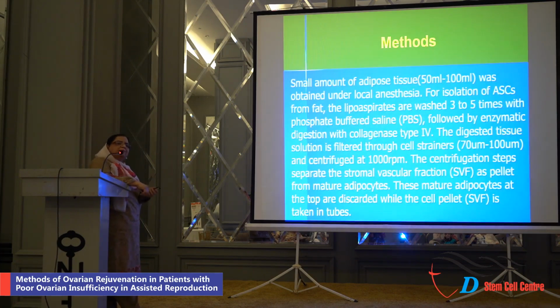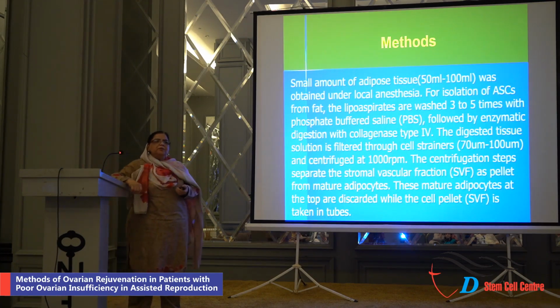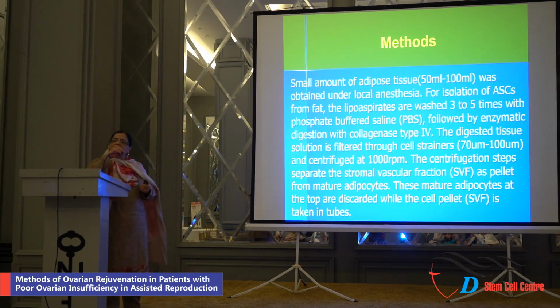As for the method, I think you must have already been taught: from 50 to 100 ml of fat, they add collagenase and it is broken down, sieved, and ultimately suspended in PRP, and by the time they provide it to us, according to the laboratory, 1 cc of this SVF contains 2 to 6 million cells.